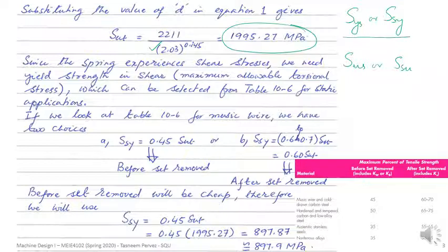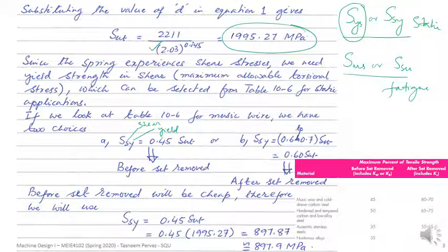This is for static and this is for fatigue load. What is this? This Y over here is for yield and this is for shear. So this is the yield strength in shear.